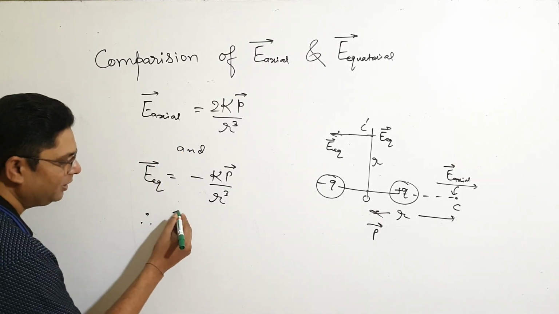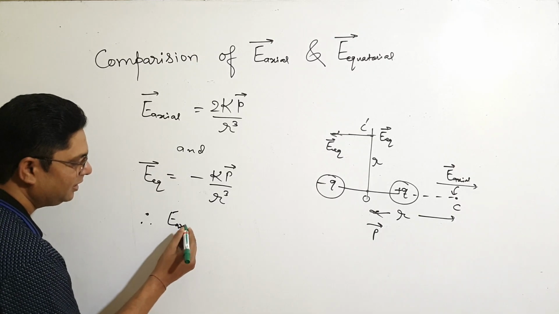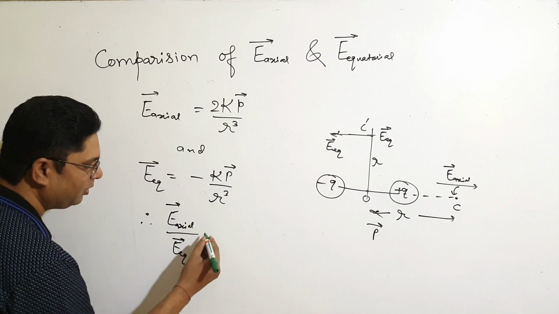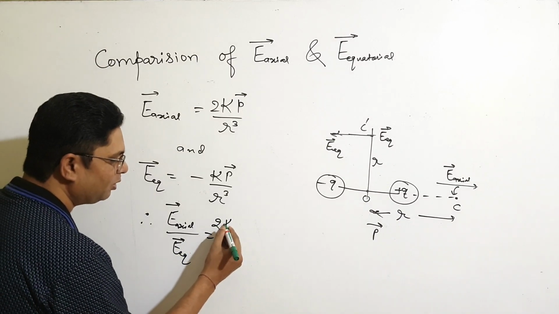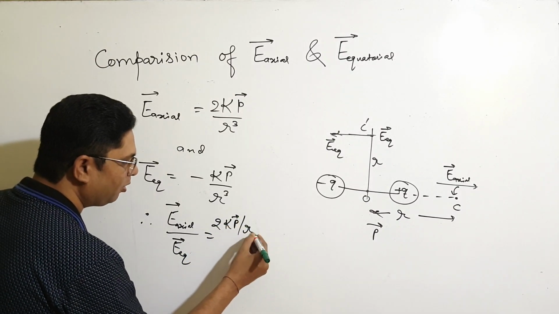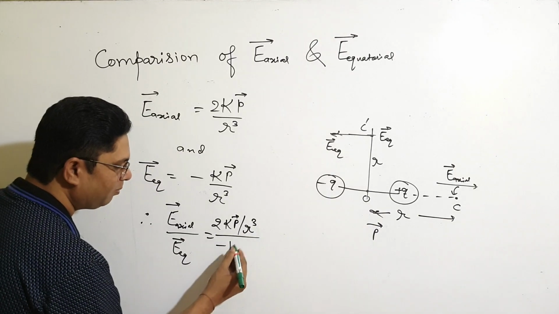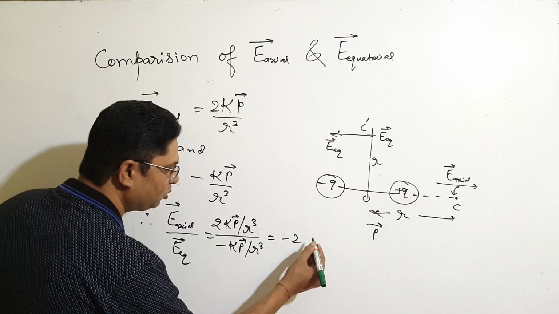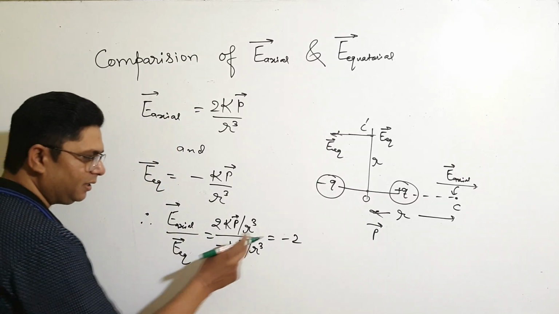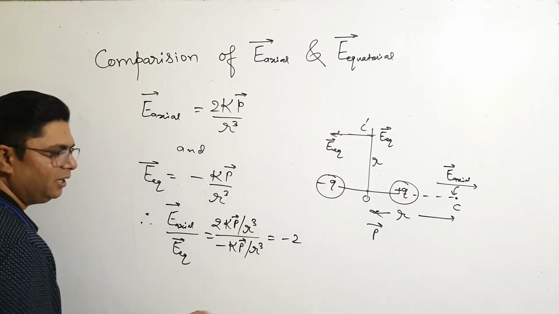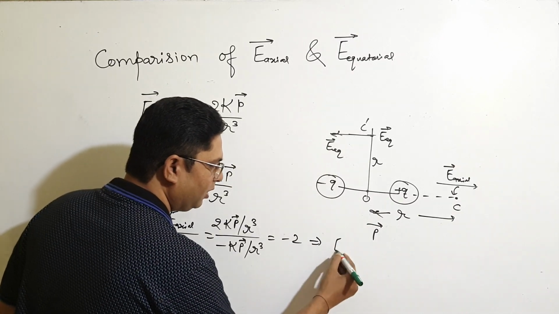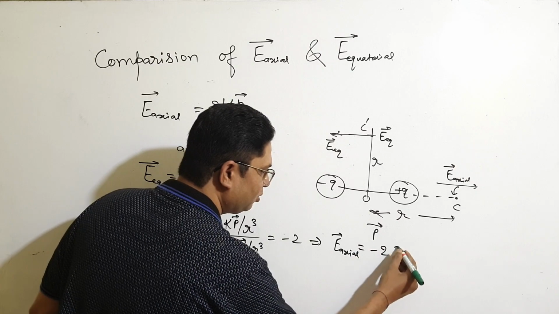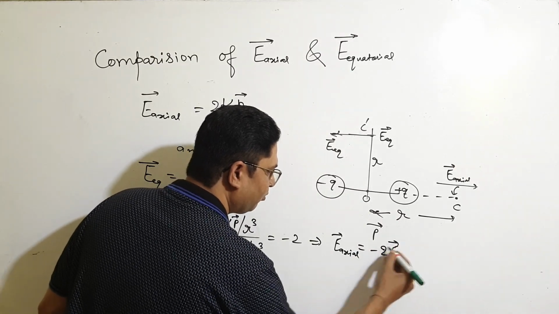So E axial upon E equatorial is equal to 2kp upon r cube divided by minus kp upon r cube. So you get minus 2 here. Let's multiply E equatorial to the RHS. So you have the formula E axial is equal to minus 2 E equatorial.